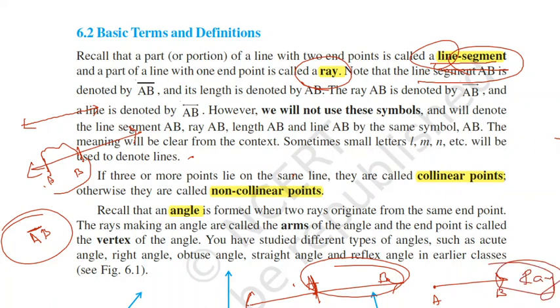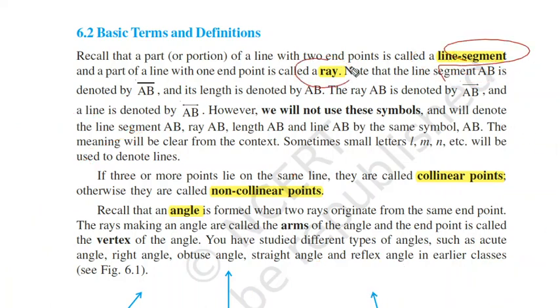Suppose we are writing ray AB, you can write it like this. That means the ray is moving from A to B. Ray BA means the ray is moving from B to A.